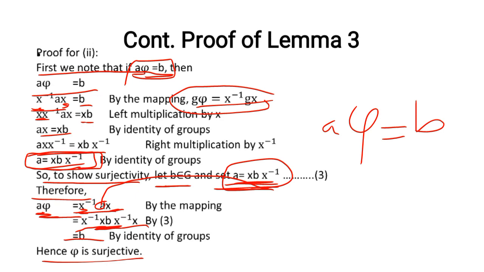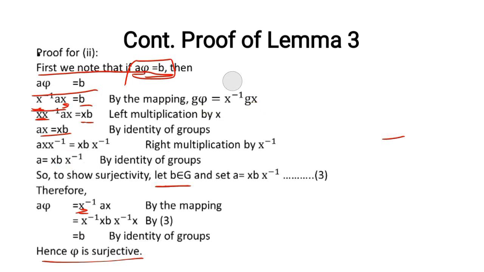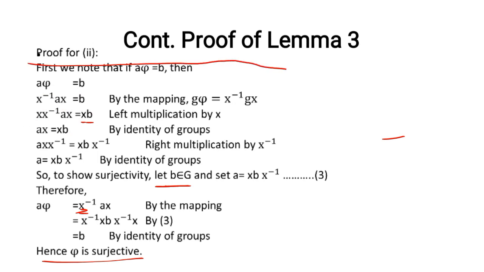Again, our target is to find B. But in a very secret, cunning way, we allowed our A phi to be equal to B. Usually I instruct students whenever they're proving surjectivity to do this aspect. I tell students that this first aspect I've written here up to this point, do it as rough work.